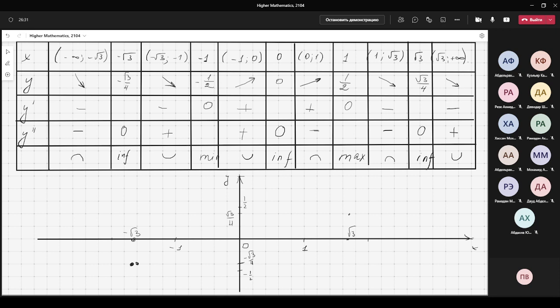The point 1, 1 over 2, minus 1, minus 1 over 2. It is our critical points.